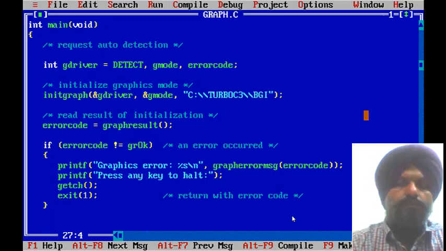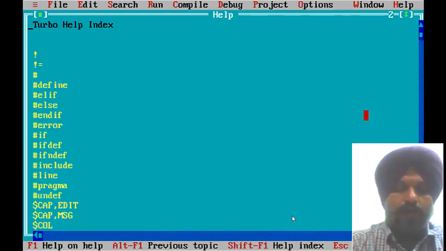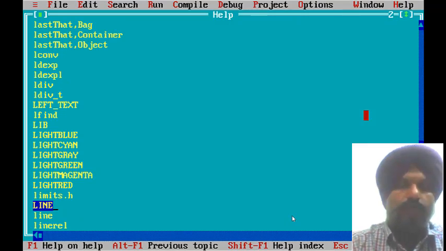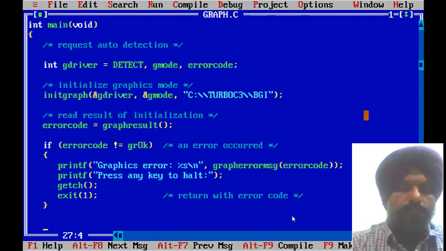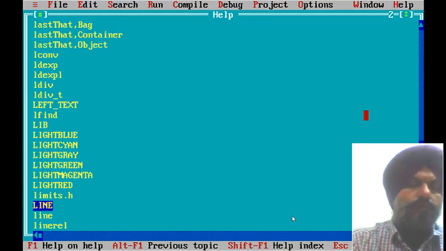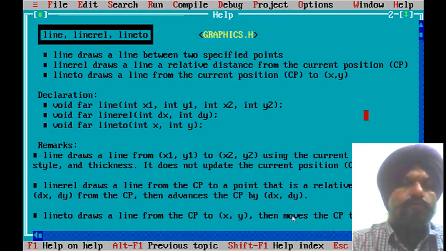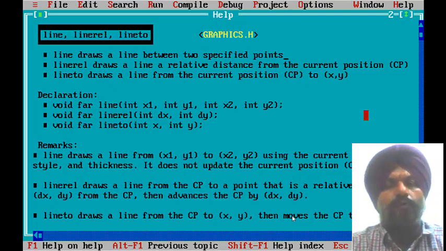What is the line function? Go to the help, select index, then type line. There is a line function, and there is a line macro as well. So we have two line functions here. The line function draws a line between two specified points.